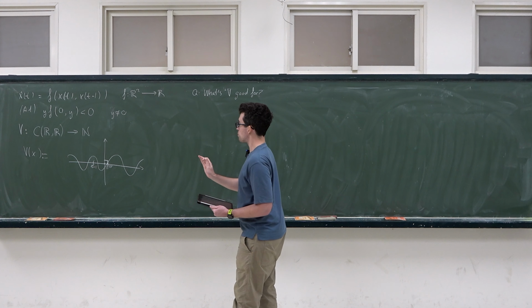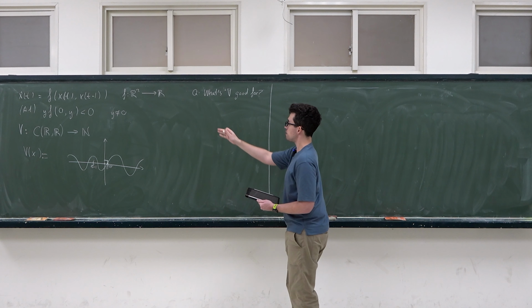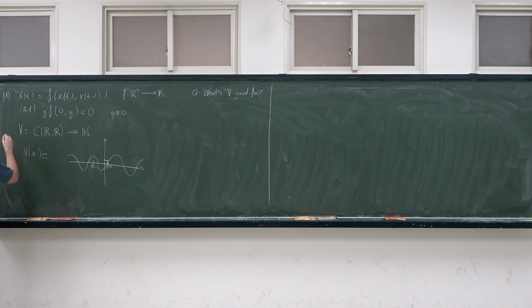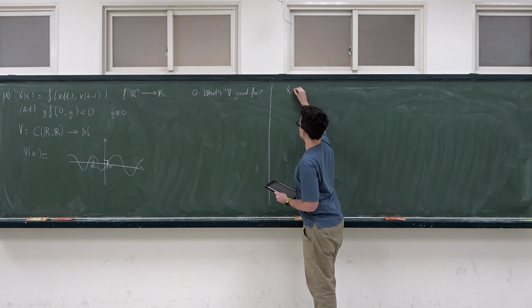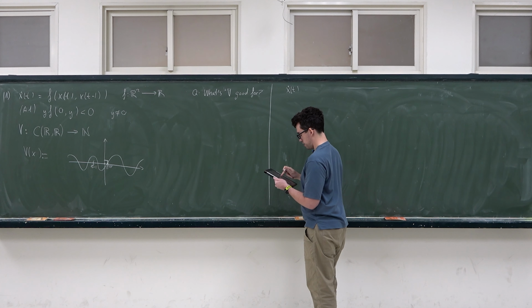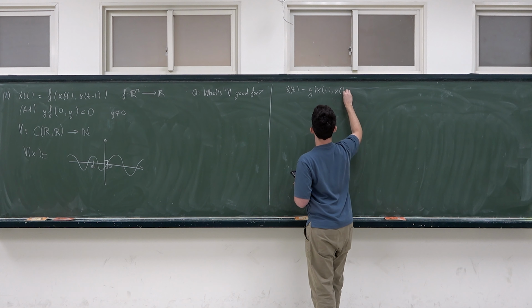So I'm going to move to a slightly different setting from this that we had here. Maybe we can call this equation 1, and this assumption was A1. Instead, I'm going to consider delay differential equations of the form x dot t equals g of x(t) and x(t minus 1).